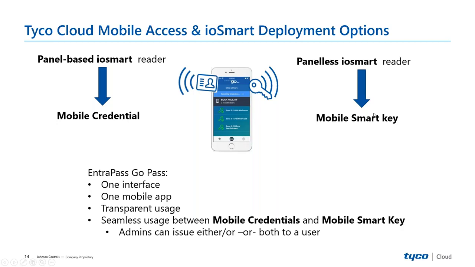That's for panel-based. You just type that in, and you're done. So it can appear here as a door name. On the right, under panel-less, you have to do all the programming in the cloud. You have to program the door contact and the REX and the strike, all that from the cloud itself. Okay?